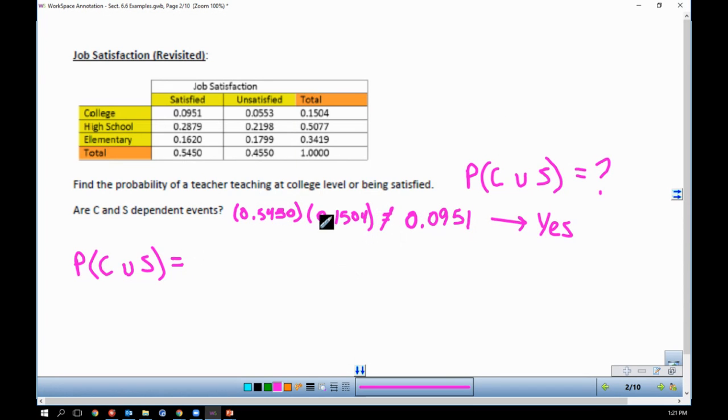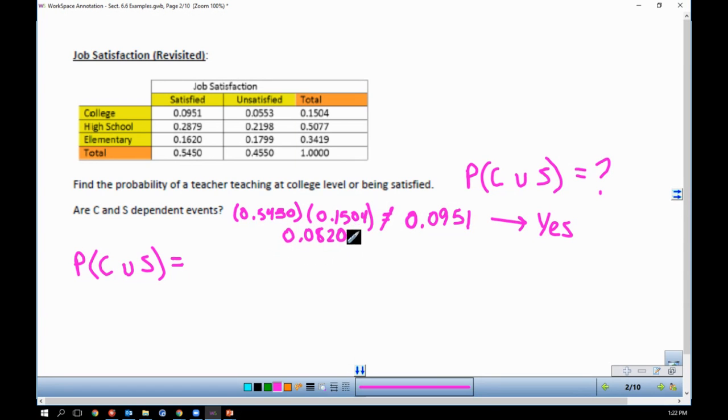Okay, well, when we multiply these two together, if they were independent, this product right here gives you 0.0828.